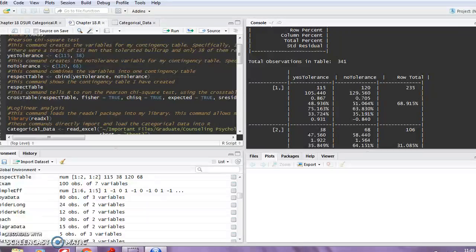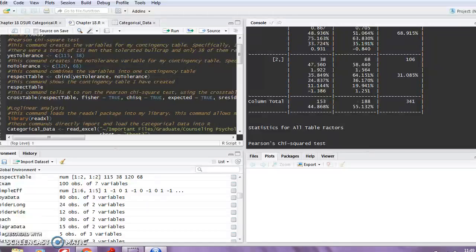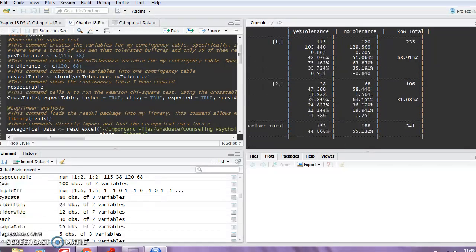In essence, the chi-square test, if you've run an ANOVA, you kind of notice that it's similar in that it tells you that there is an association, but it doesn't tell you where the association is. So just looking at this even further, the standardized residuals actually break this down for us.